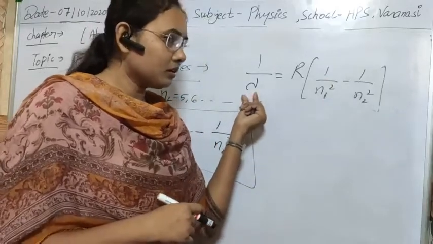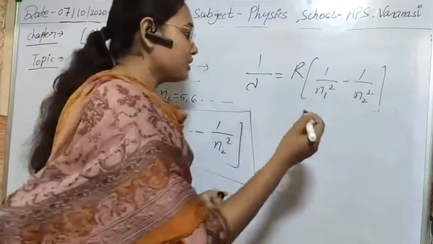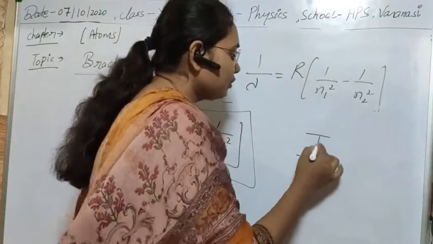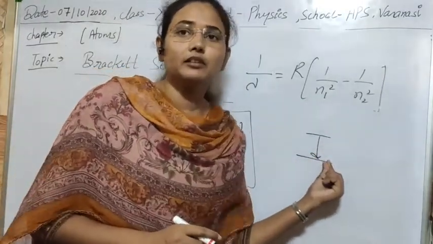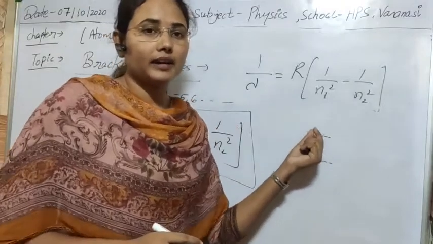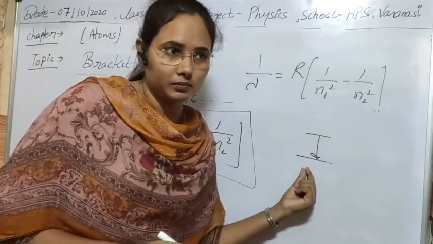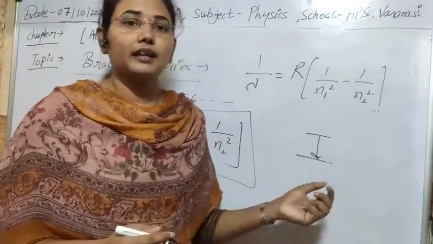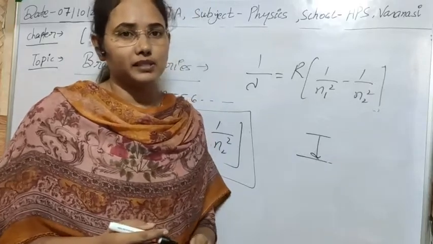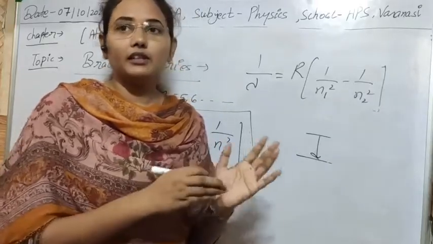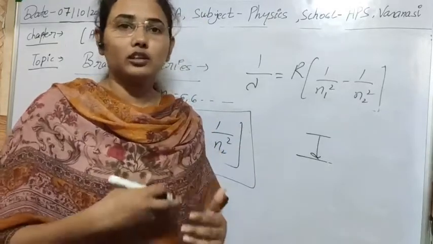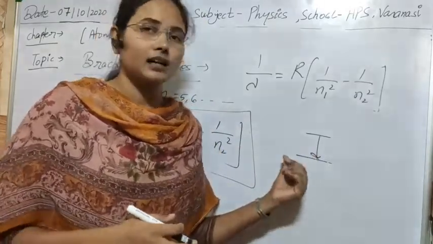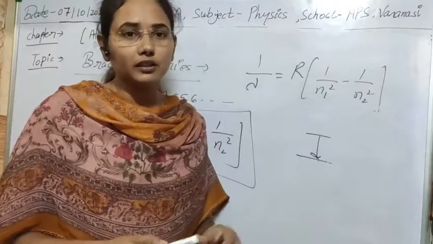Suppose an electron in an atom makes a transition from any higher to a lower orbit, then there will be emission of energy. If we arrange these in increasing or decreasing order of frequency or wavelength, we get the spectrum of that particular atom.